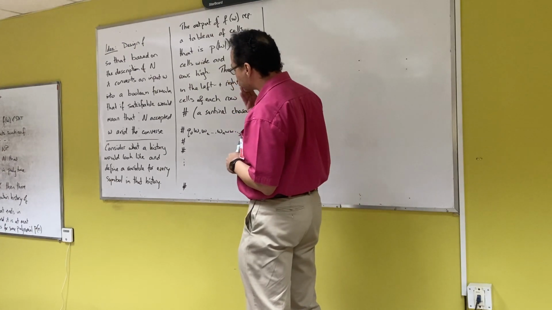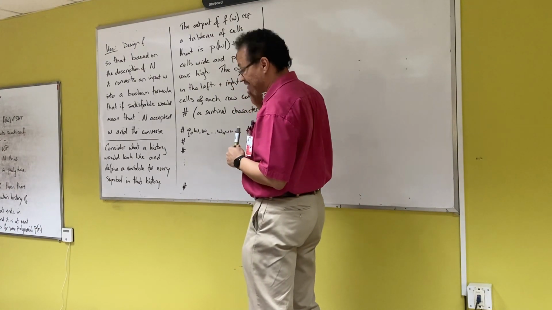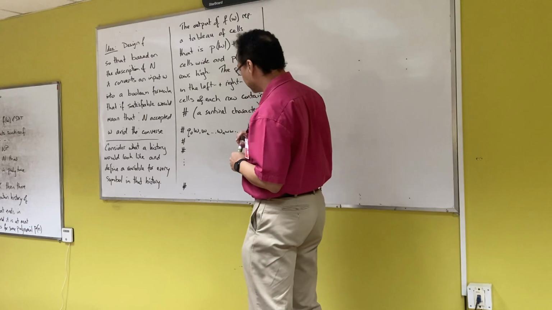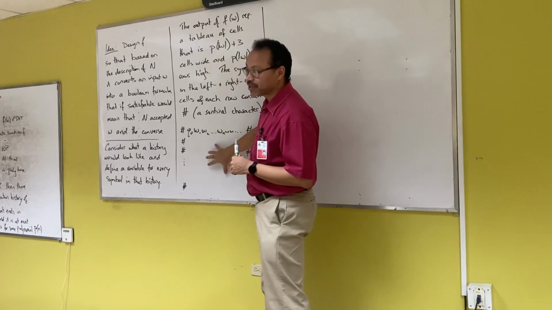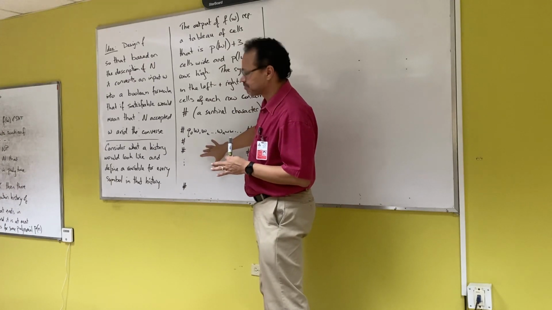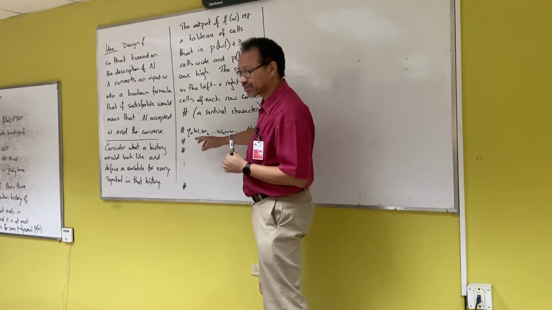Before I get into the requirements, I'll just tell you where this is going. Remember that we're trying to capture a formula to represent this picture. And this picture is slightly incomplete because I haven't said the rest of it.